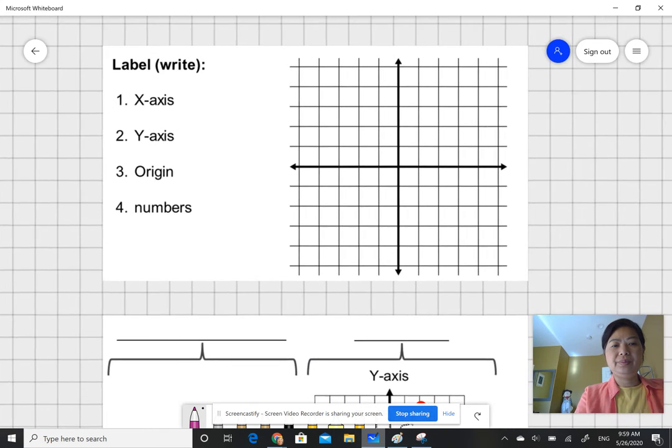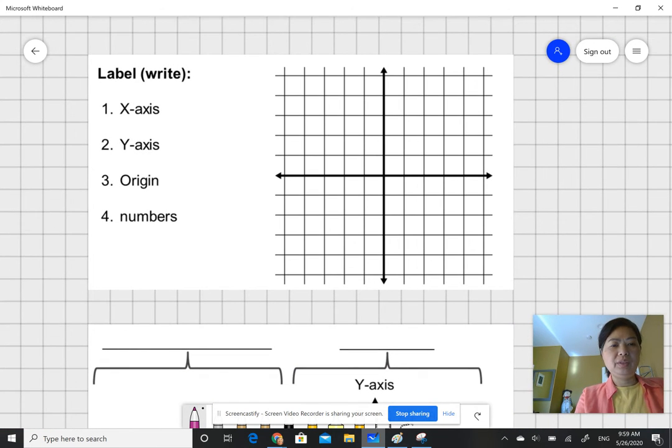We continue. So now we are going to labels, right? You see the horizontal line, that is the x-axis, and the vertical line is the y-axis, and the middle point here is the origin.